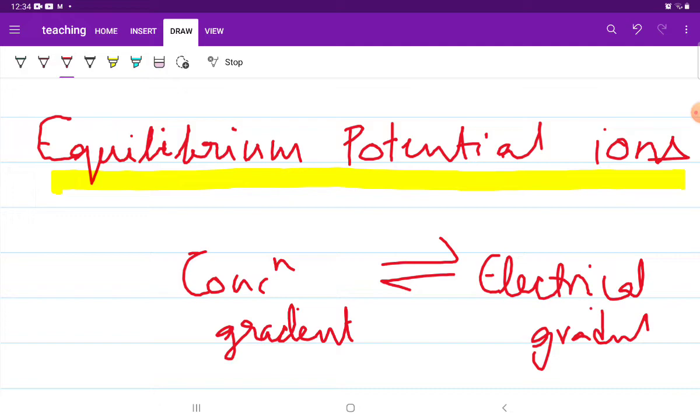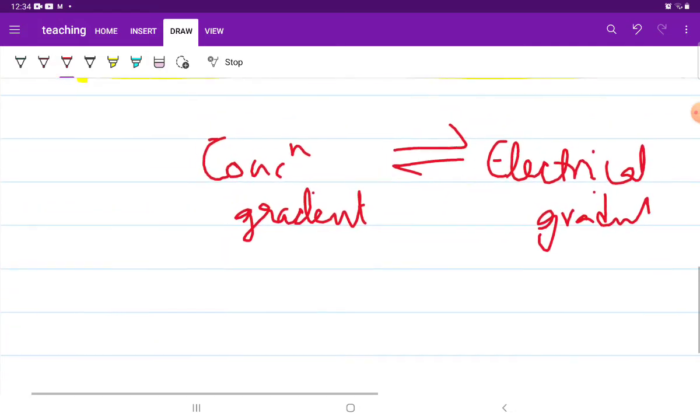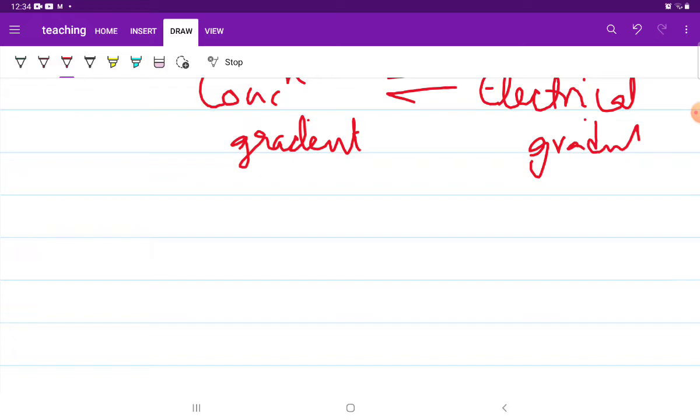Now how do we calculate the equilibrium potential for ions? In this particular case we use the Nernst equation.